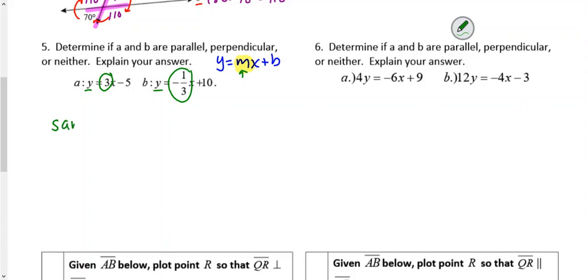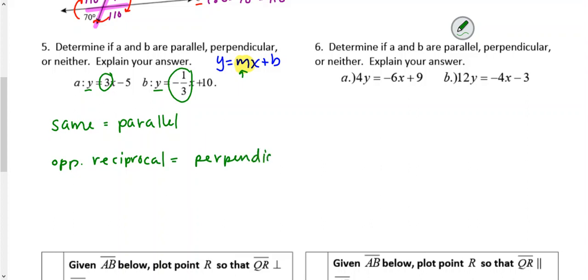If these numbers were the same, the lines would be parallel. If they were opposite reciprocals, they would be perpendicular. Now, these lines are not the same. The slope is not the same, so they're not parallel.